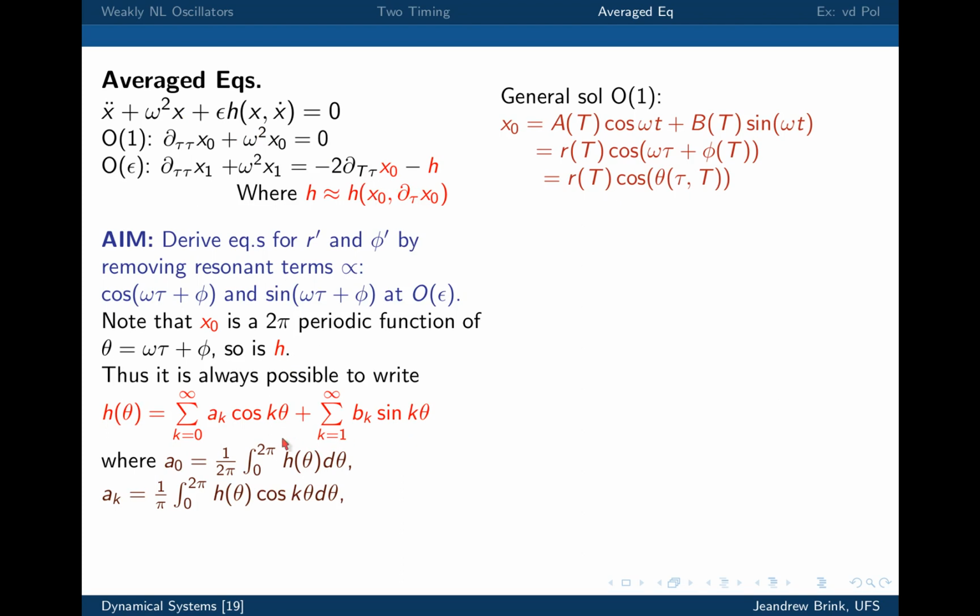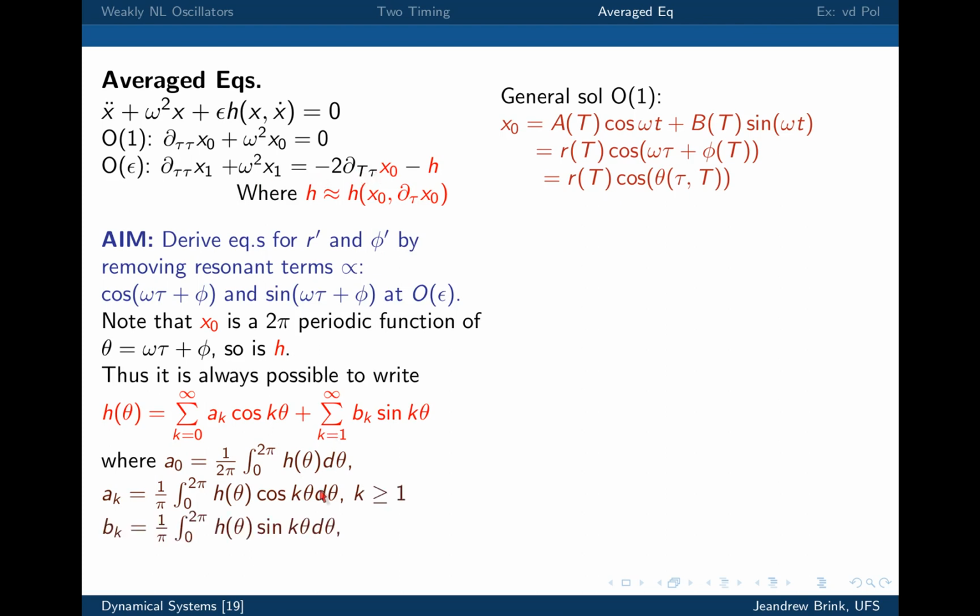It turns out you don't even have to work out all the integrals, because we only need the lowest ones of them. Okay, so this is how we're now going to write h. And the reason we do that is because it allows us to identify which terms are secular. In other words, the terms that have the same frequency as the fundamental frequency when we put h in there.